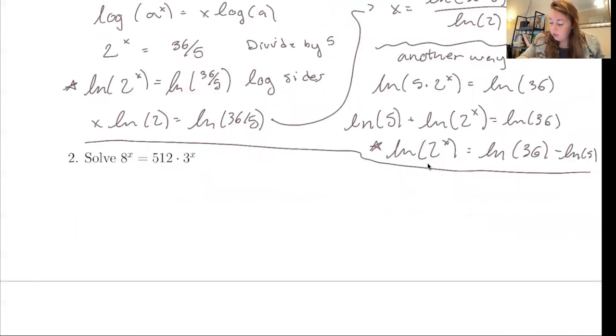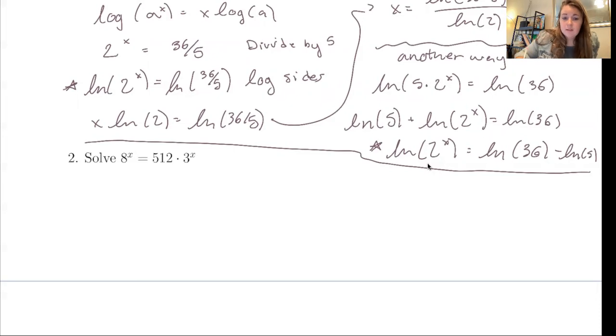Okay, great. So now we're on to 8 to the x equal to 512 times 3 to the x. So in solving linear equations and sometimes quadratics, we want to get everything that has x involved on the one side and everything that doesn't have x involved onto the other side.